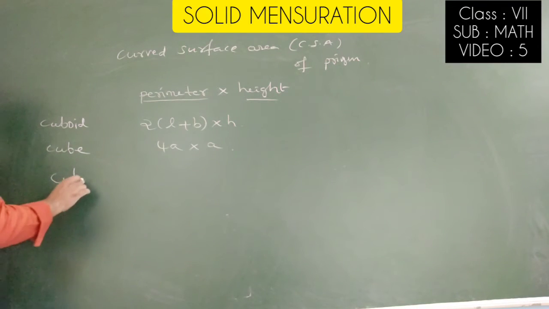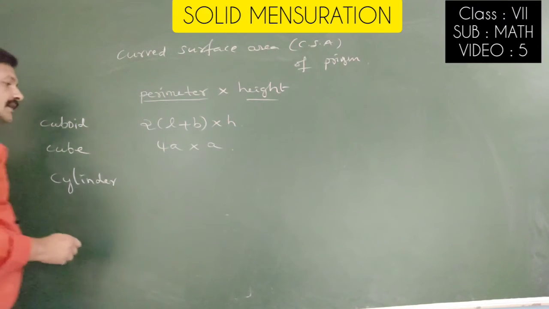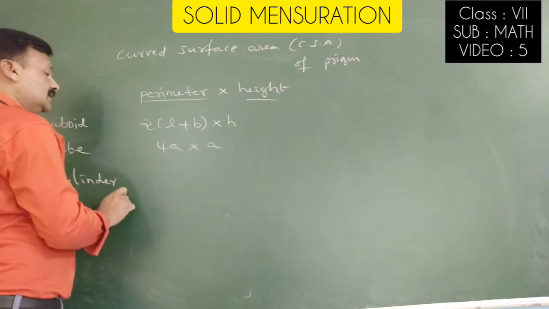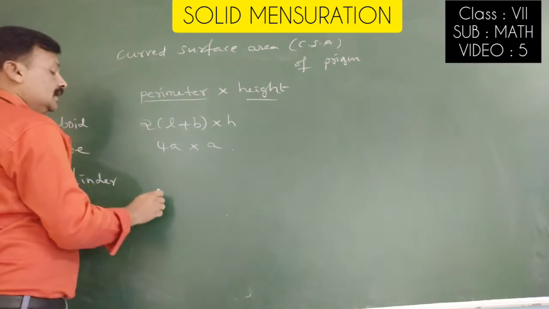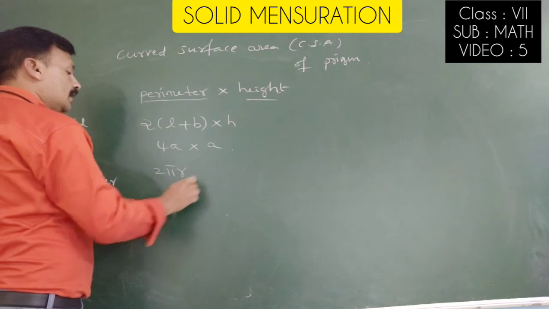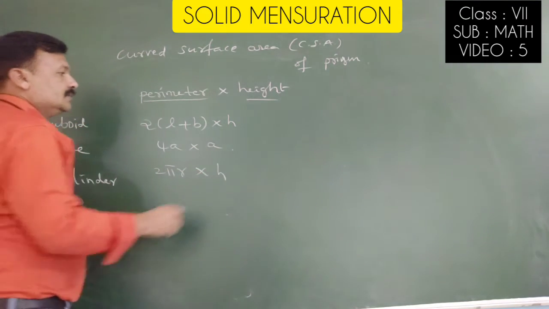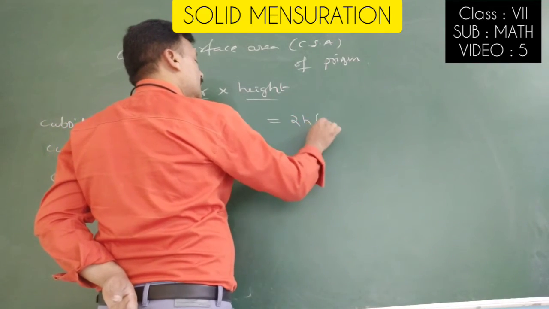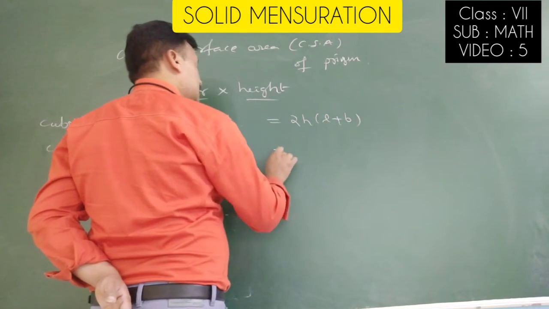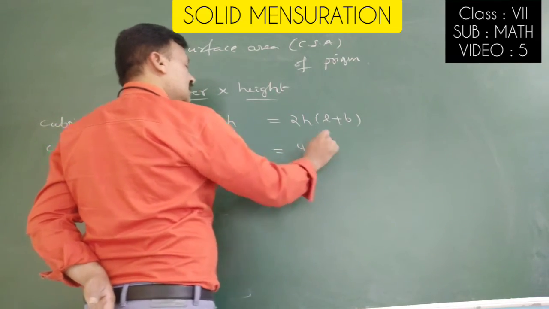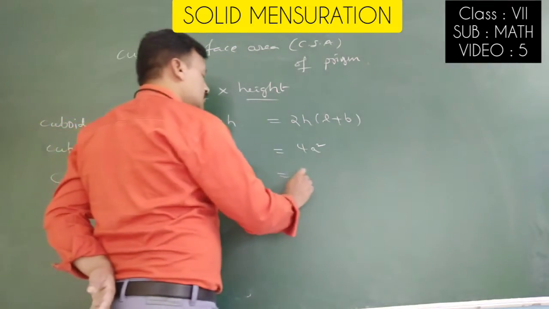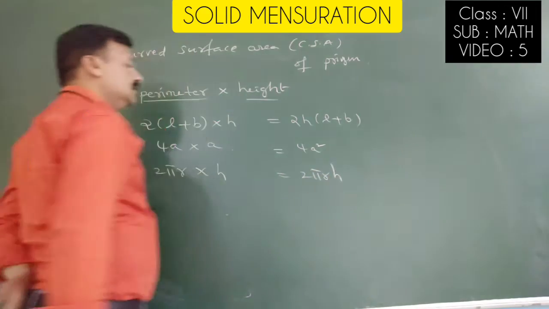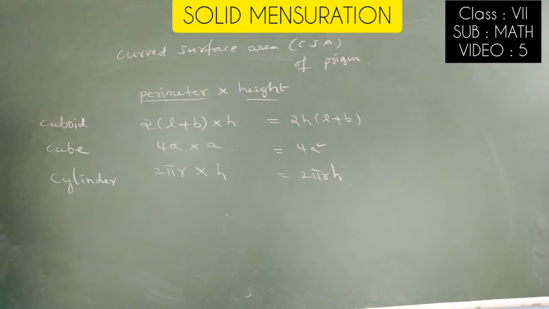In case of cylinder, the base is a circle, that's why 2 pi r into H. So 2H of L plus B is the lateral surface area of cuboid. 4A square is the lateral surface area of cube. Here 2 pi r H is the curved surface area or lateral surface area of a cylinder. Okay, this is important for us.